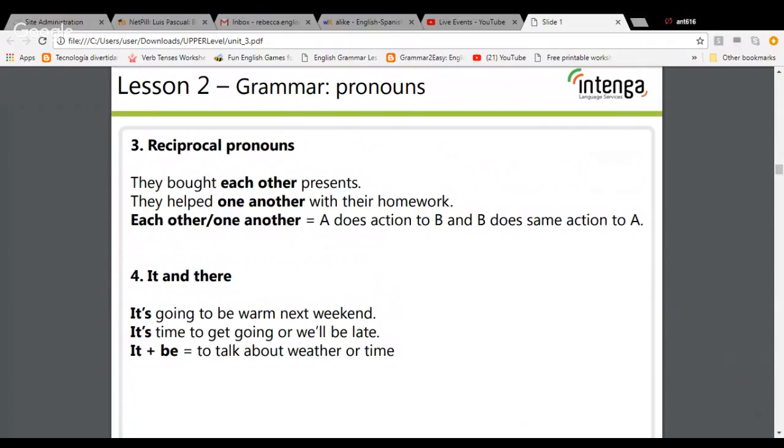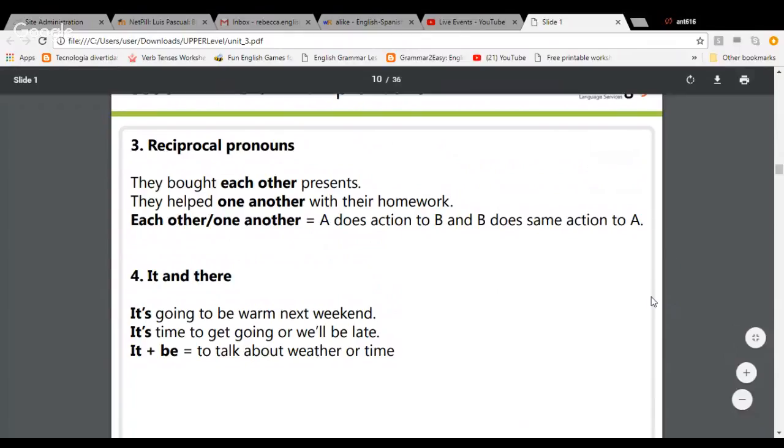What about the fourth part? It and there. Okay. It's going to be warm next weekend. It's time to get going or we'll be late. It plus be is used to talk about weather or time. Yes. And this "it" we've spoken about before.